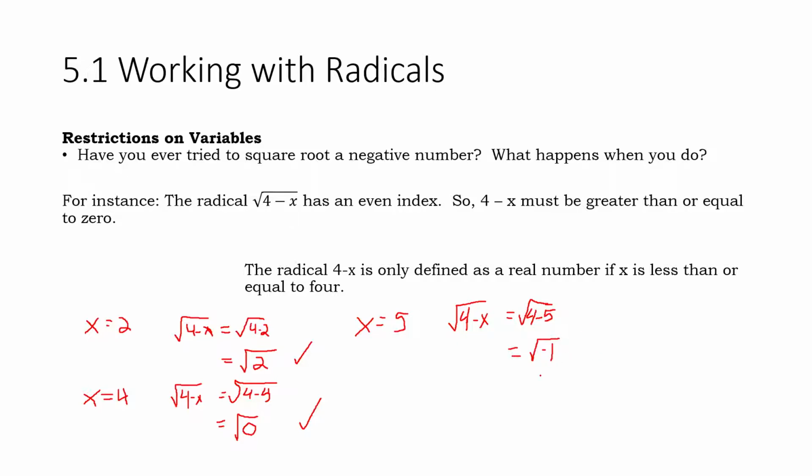So let's even look at one that would typically give a perfect square underneath. Let's try x equals 8. So the square root of 4 minus x equals root 4 minus 8, and then this equals root negative 4.